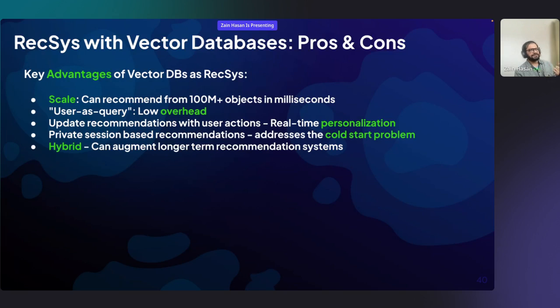You can also use this to augment your pre-existing recommender system, because this is a very good solution to short-term personalized session-based recommendations. It's not a very good approach to long-term solutions, as I'll talk about. So what you want to do is augment your longer-term recommendation solutions with this short-term recommender engine. You can also have multiple instances of the same user or multiple users.